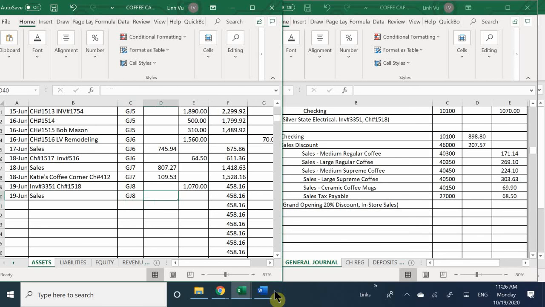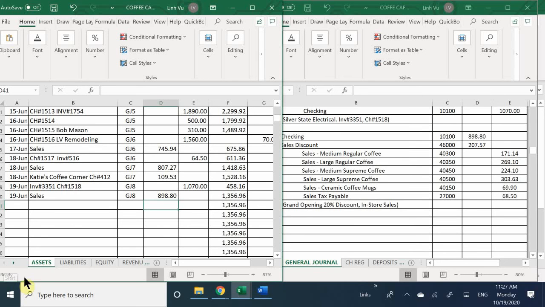So how much did I increase my bank account with? 898.80, bringing my grand total to now $1,356.96. So I'm good. I made my sales, so I'm good in the clear.